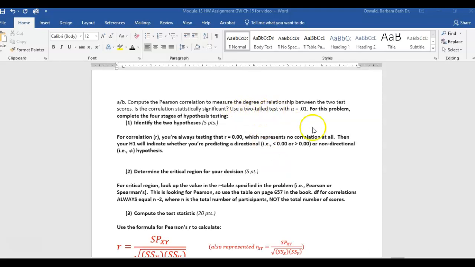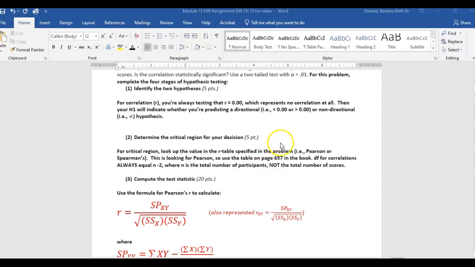We need the two-tailed test. Alpha is set at 0.01 in this particular problem. Double check your assignment to make sure that it's asking you the same. And so you would just use the table following the model in practice problem 15.1 for looking up the critical value. And that is part 2.